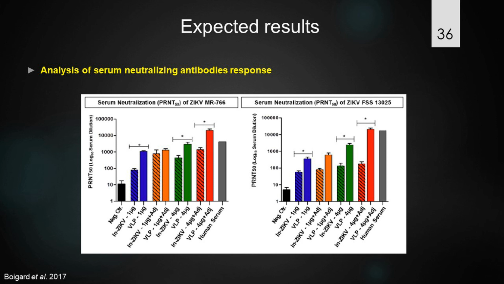So the higher the neutralizing antibody titer is, the fewer plaques would be formed. Vaccinated animals are expected to produce more neutralizing antibodies than the control group. In this picture specifically, they compare different vaccine formulations, one containing inactivated virus and another containing VLP. And the formulation with the VLP showed better results in terms of neutralizing response.